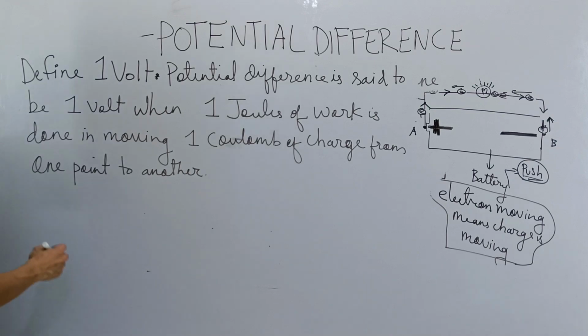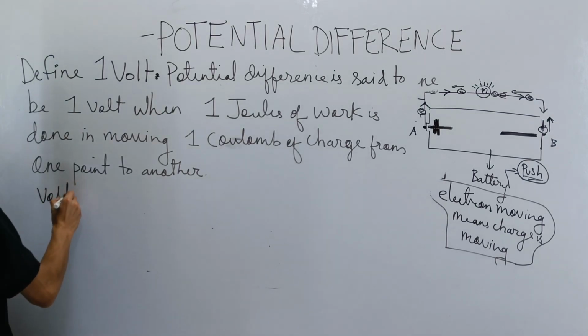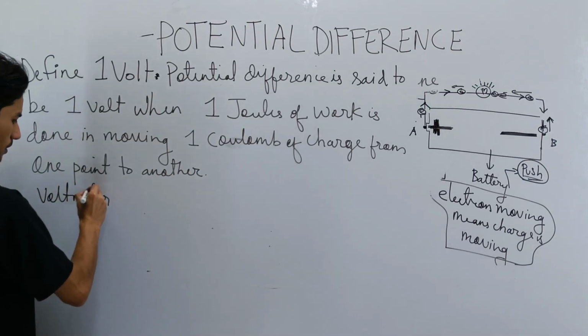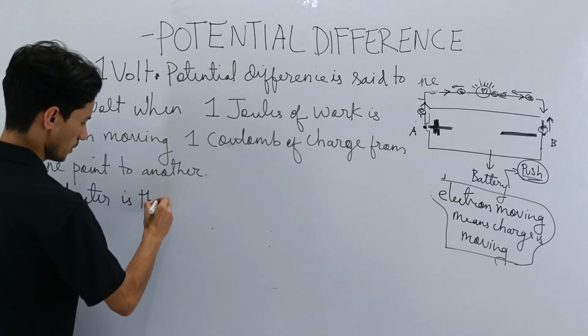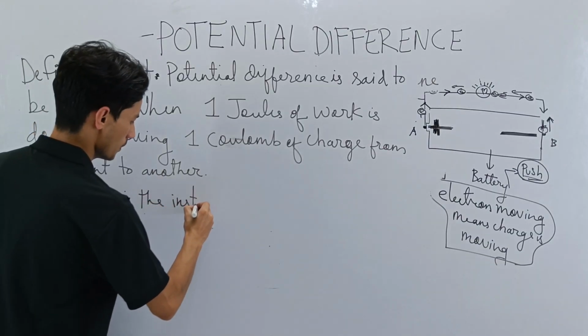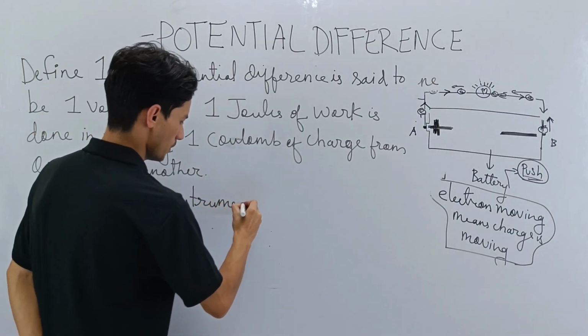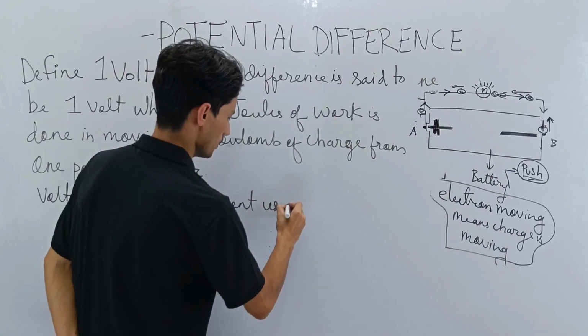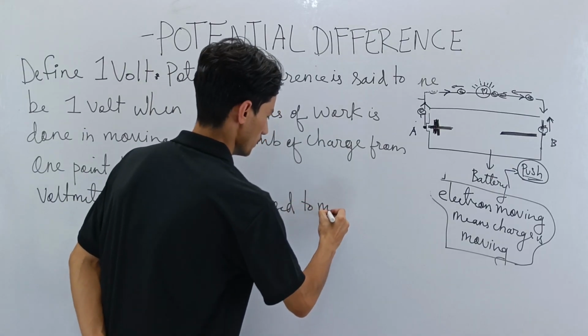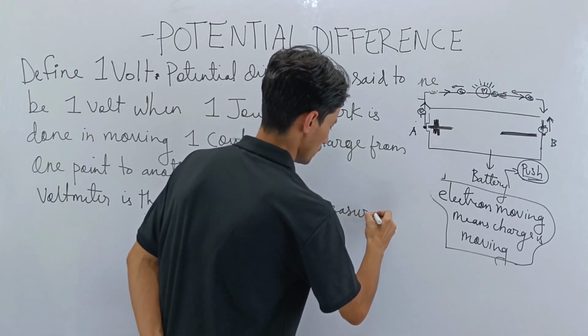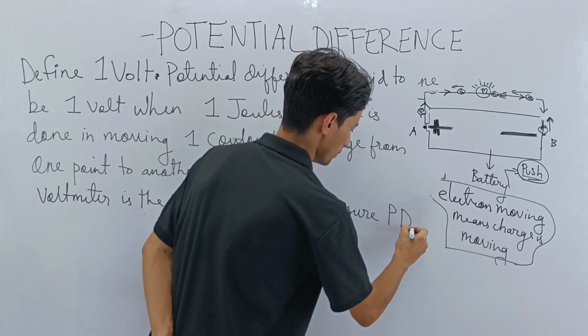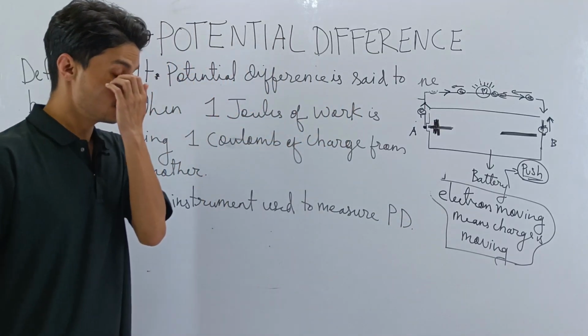All right, now the voltmeter is the instrument used to measure potential difference, also known as voltage.